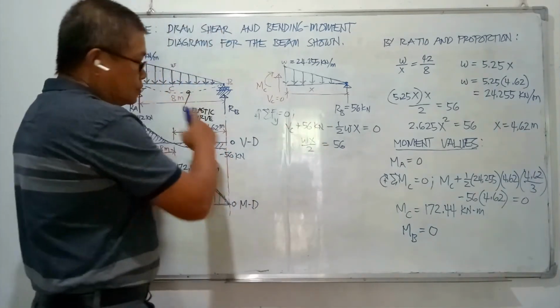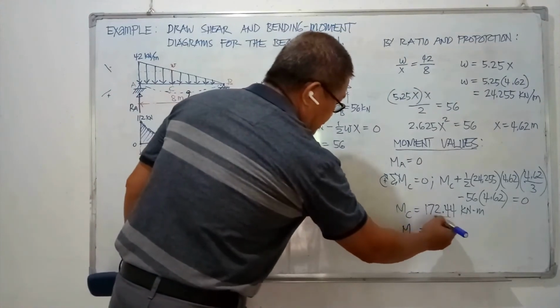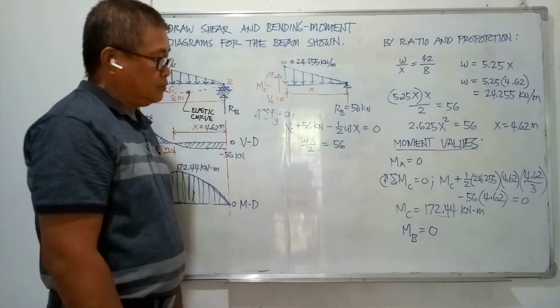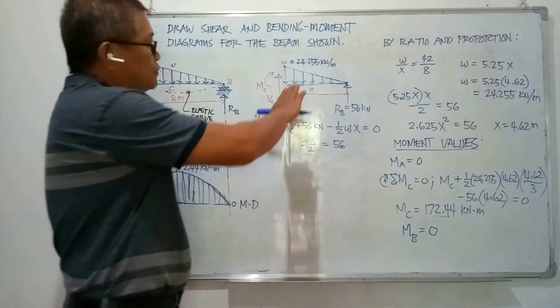So let's now consider this moment of 172.44 kilonewton meters, M sub C, computed from the left segment.